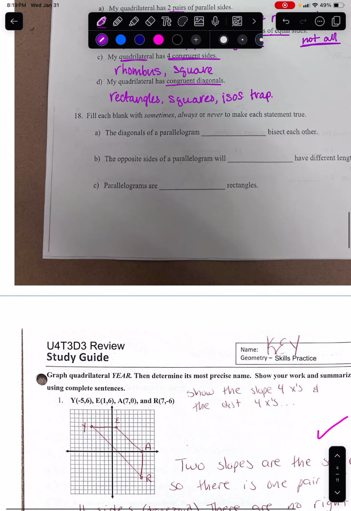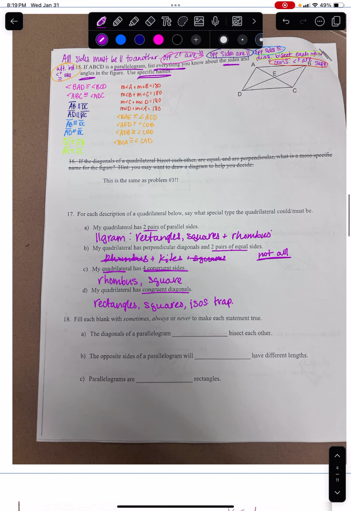But that is kind of like when I tried showing you that if they're equal sides and they're parallel. I didn't really show diagonals on that. But it is the same concept. If opposite sides are the same length, then the line connecting them has to be the same as well.